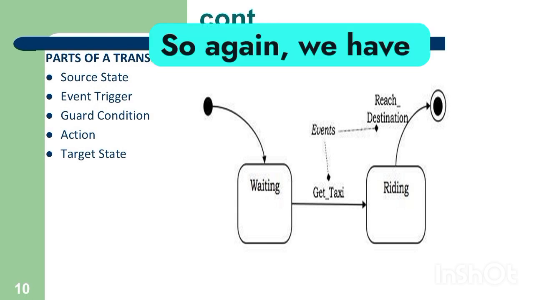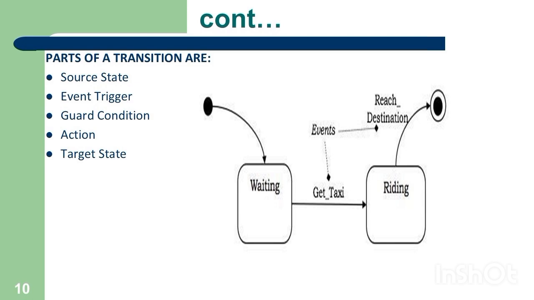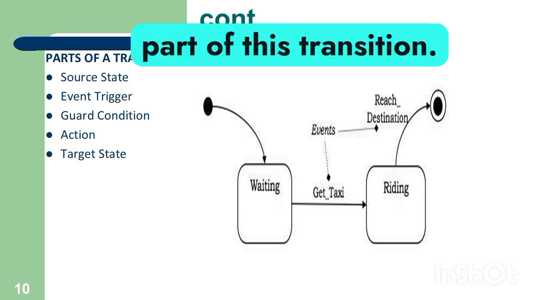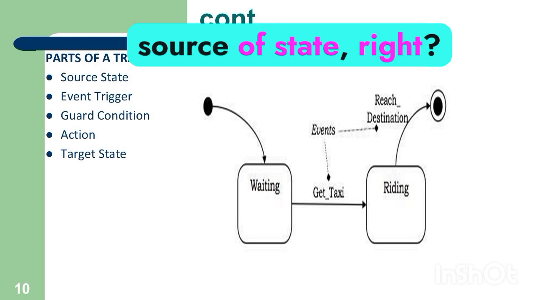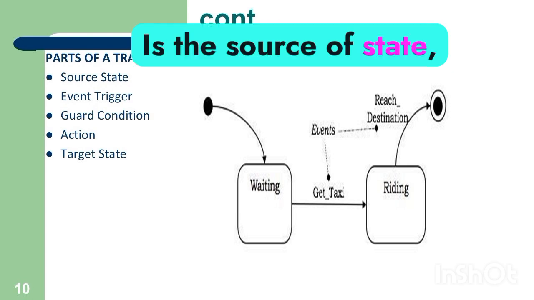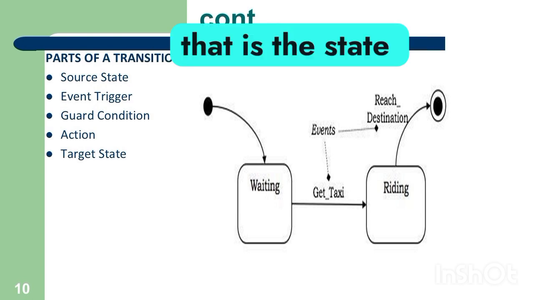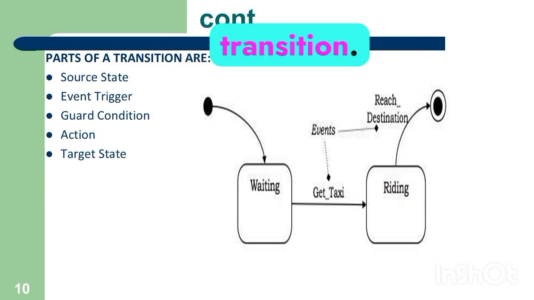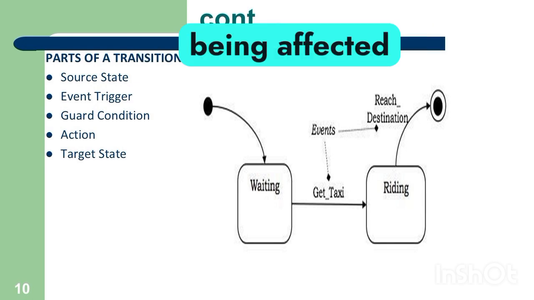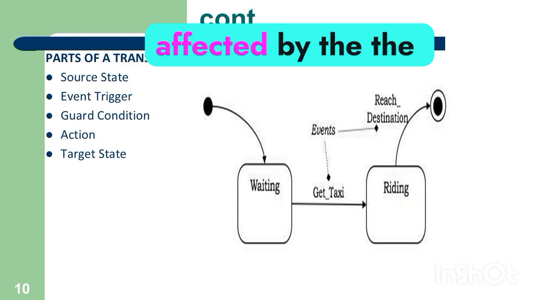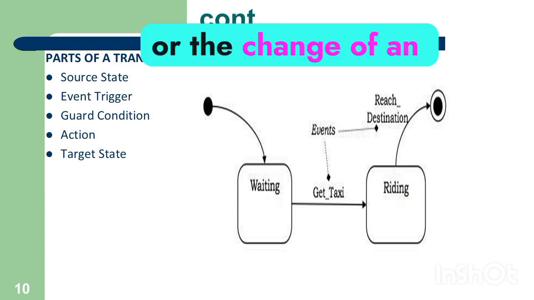So again, we have parts of this transition. Part of this transition is the source state, that is the state affected by the transition, right? The state is being affected by the change in position or the change of an event.